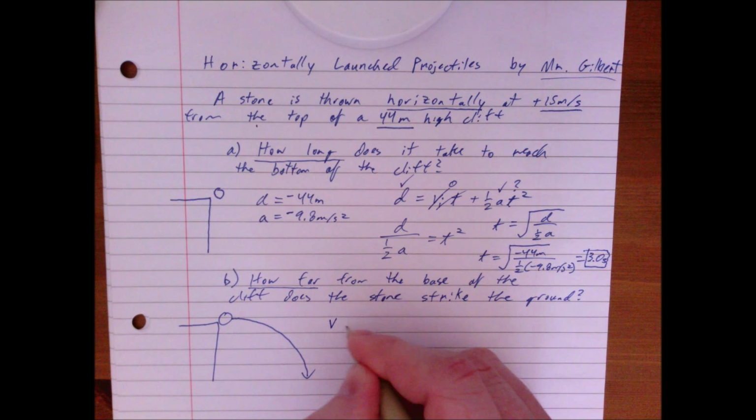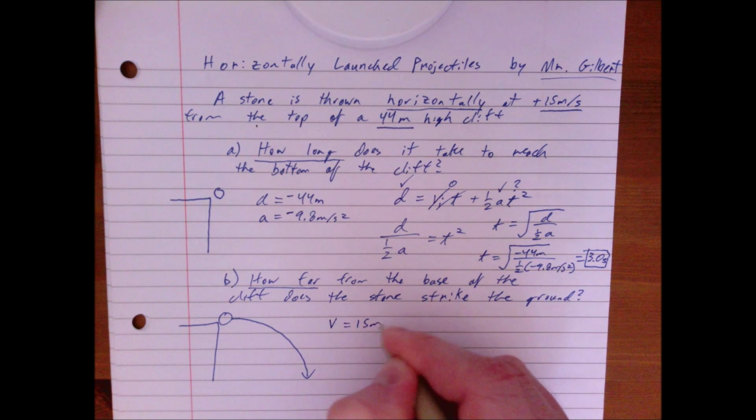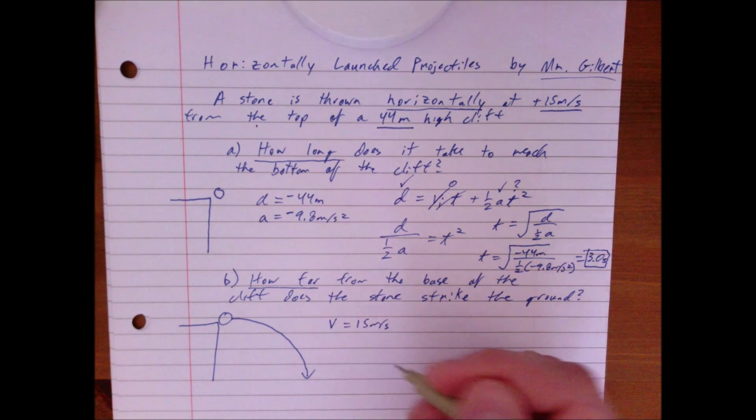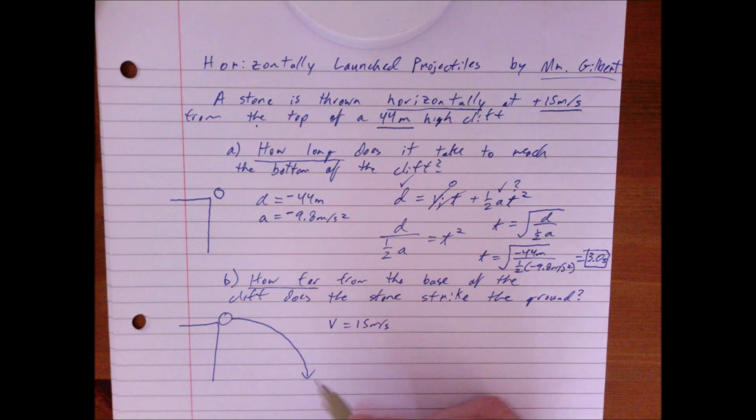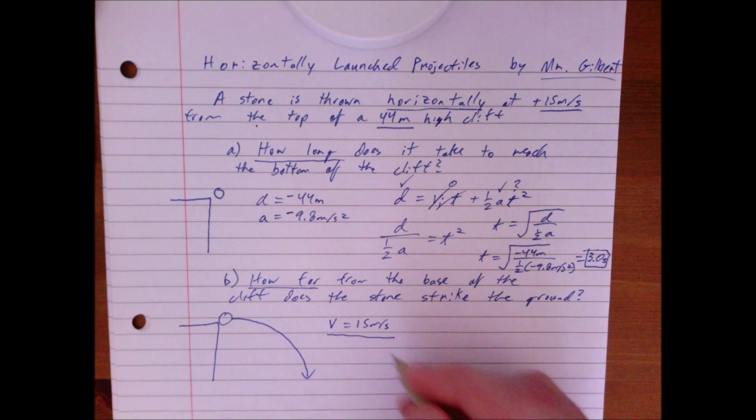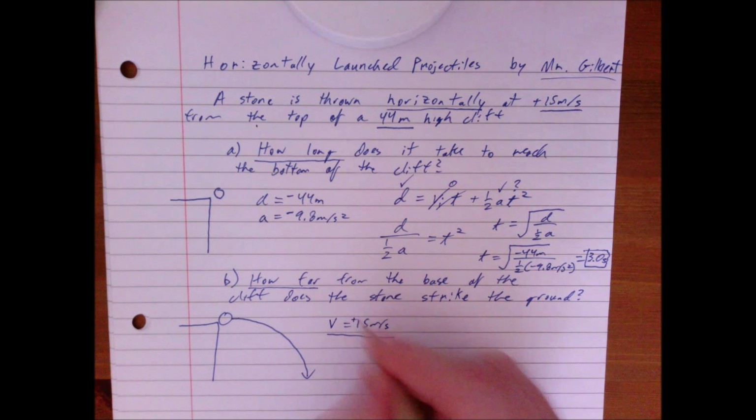Its velocity horizontally is 15 meters per second. The acceleration due to gravity has no effect on the horizontal velocity. So the whole time it's in the air, it's traveling at this horizontal velocity. So we can use our really easy formula that we should know from a long time ago, right? We've seen it so many times.